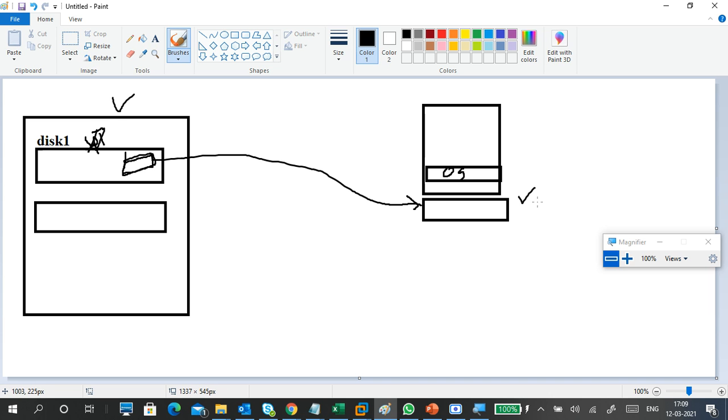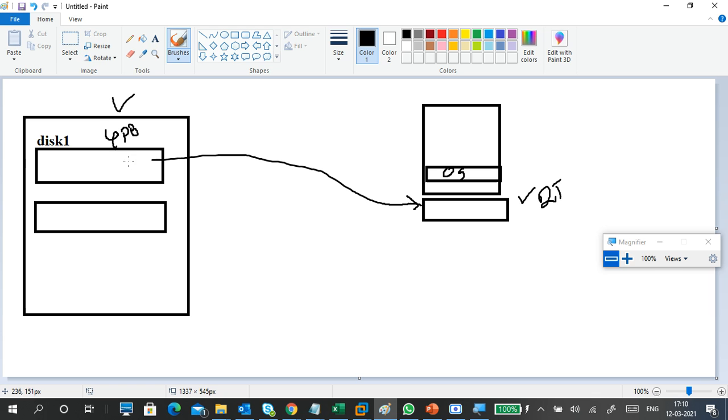For example, I need only 2 terabytes of disk. So I'll take a space from this big disk. For example, say this is 4 petabytes of disk space. So I want 2 terabytes of disk.